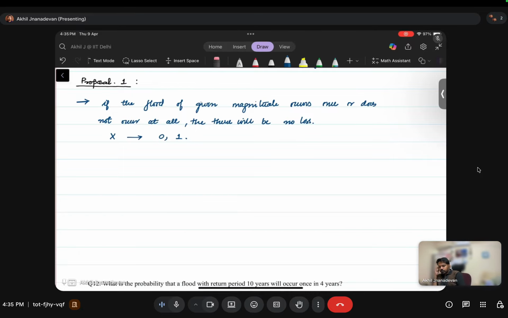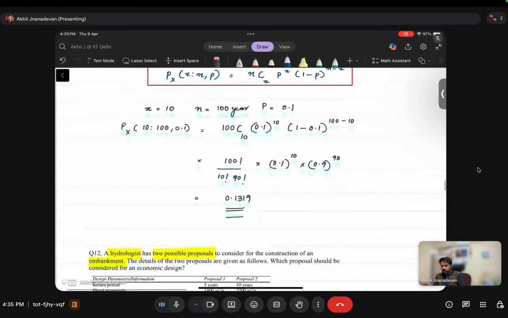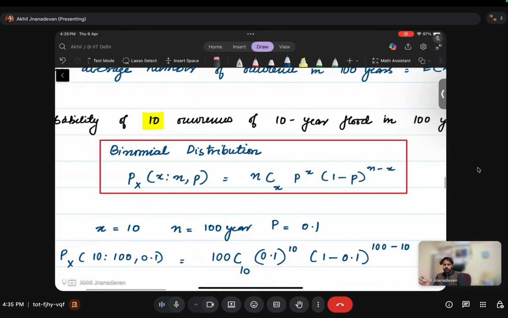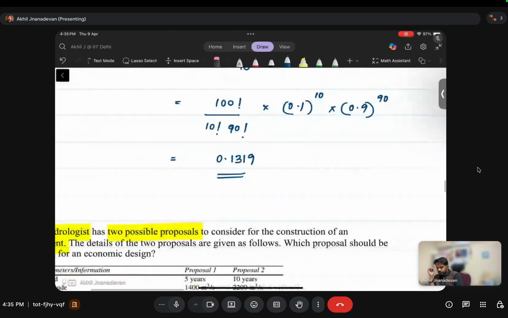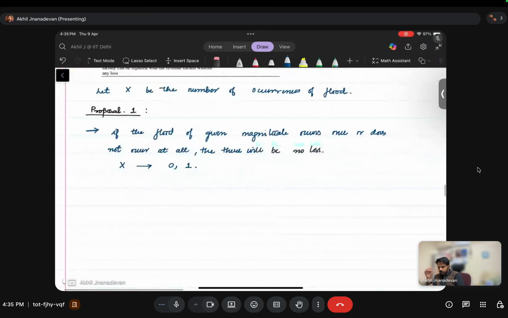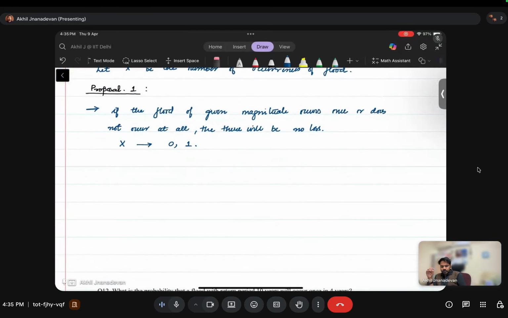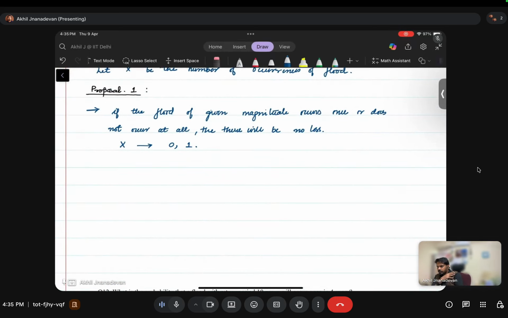Now if you understood the Bernoulli here, it is similar to a Bernoulli process, right? It is how many times it can occur within this period. So it can occur either 0 or once.